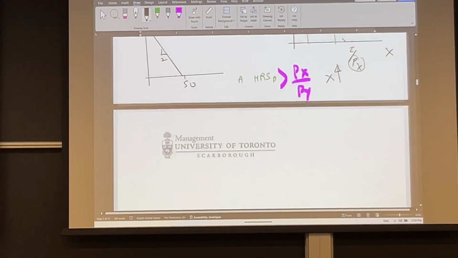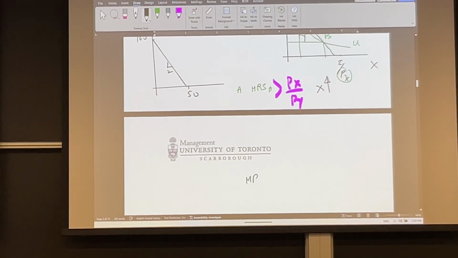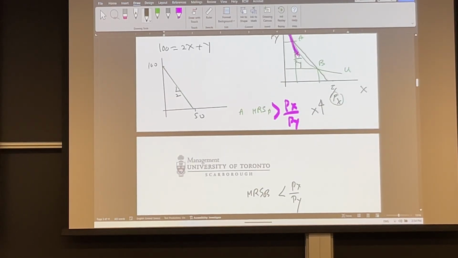Point B is the other way around. At point B, the MRS is lower. So at point B, you have too much X; the benefit you get from it is lower than how much it costs you to buy it, all relative to Y. Make sense? So you cannot be optimizing there.